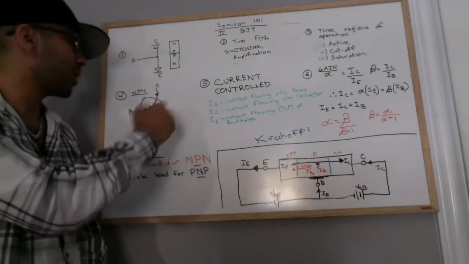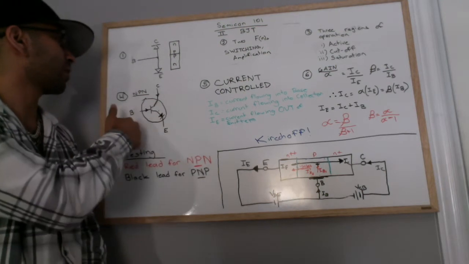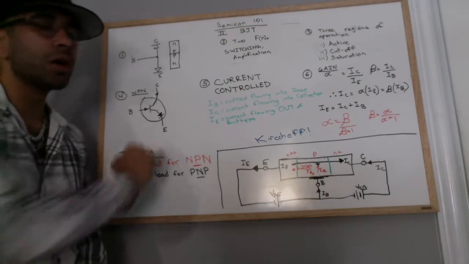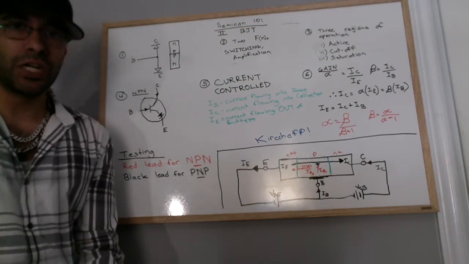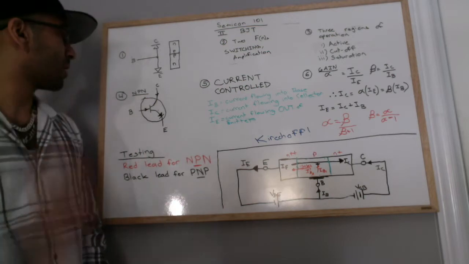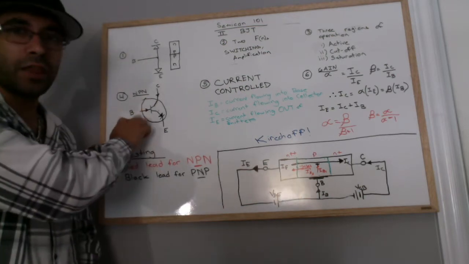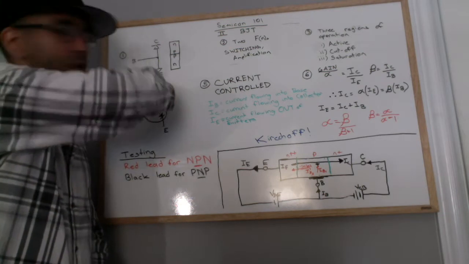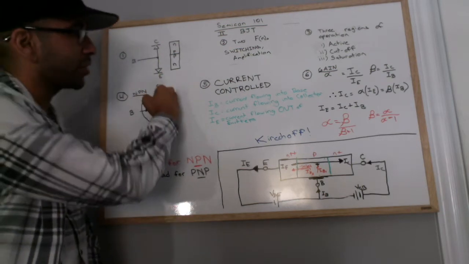If it's PNP, it will be going from the emitter to the base. So these are the three regions: collector, base, and emitter. The really cool thing about BJTs is that they're current controlled devices, and what that means is a small current at the base causes a large current to flow from the collector to the emitter.